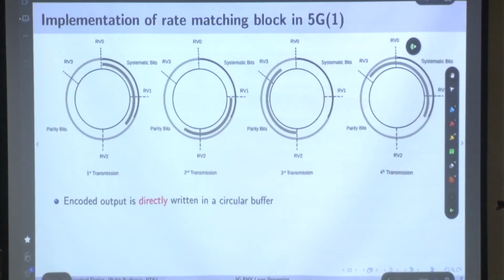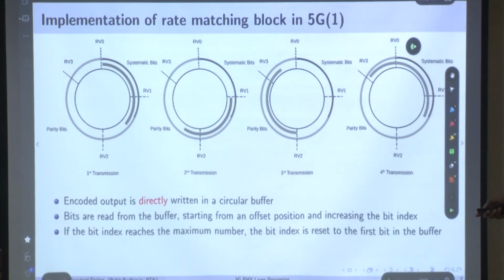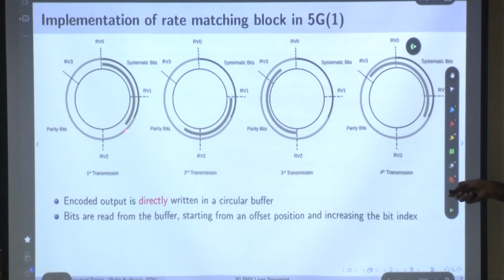So what is happening? The length of this circular buffer is n, and you will read only E bits, because that is all you are allowed to transmit. You start reading, and you are done.